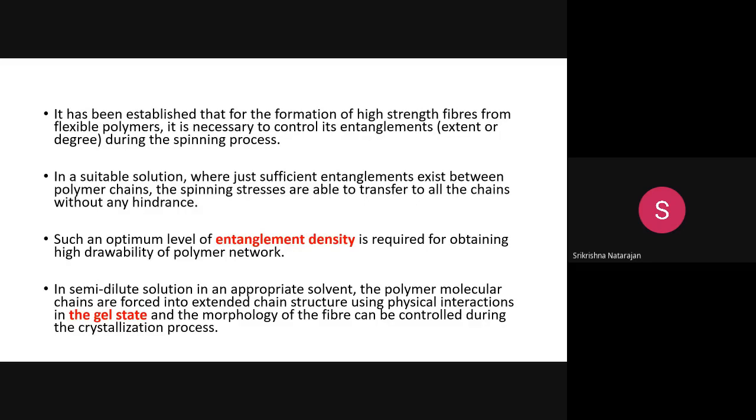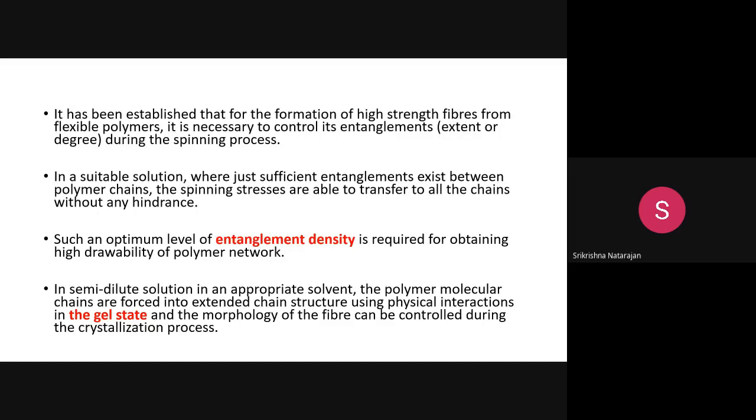If you make that structure, the entanglement density will be at an optimum level. It is not that entanglement density is absent. If the entanglements are not there, then you cannot do the drawing. So entanglement density should be there and it should be optimum. There should be a sufficient number of entanglements, so when you do the spinning, some stress can pass over to all the polymer chains.